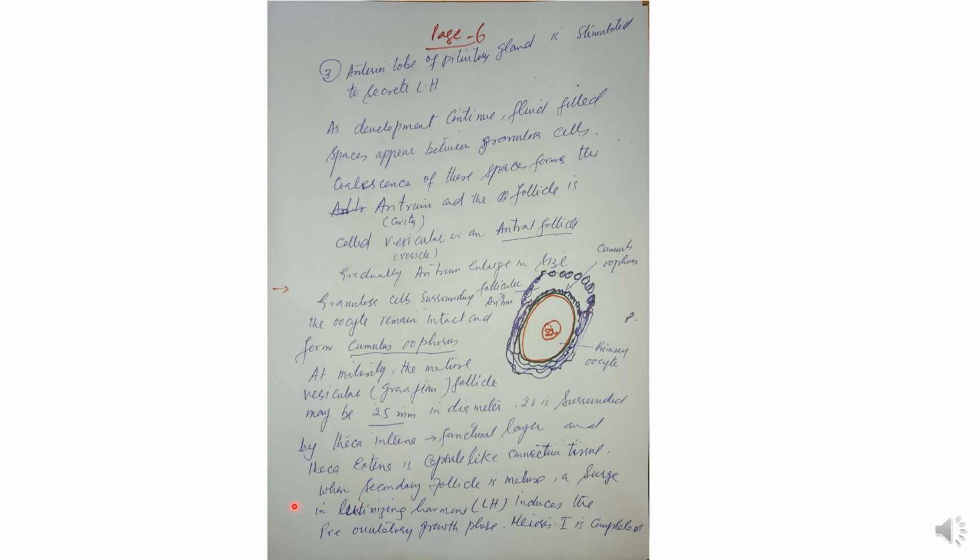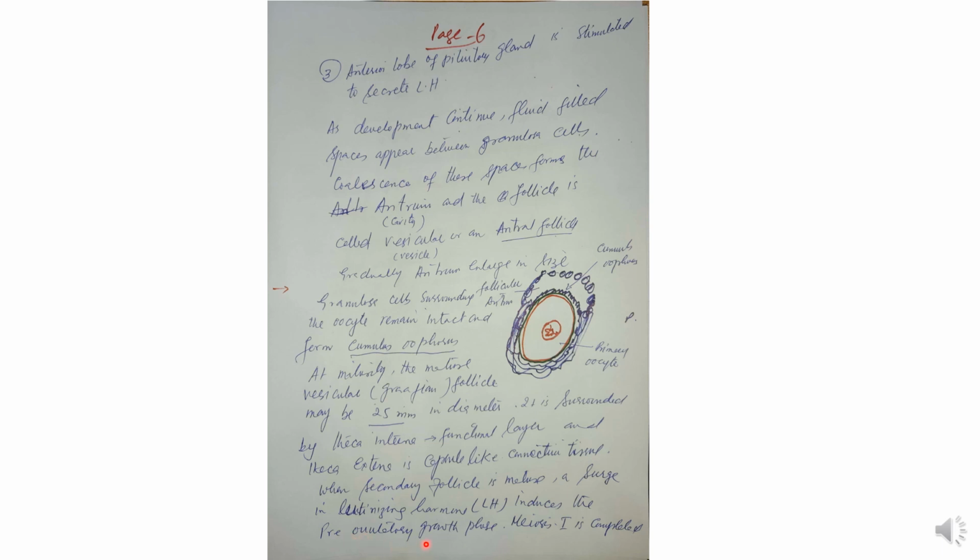When the secondary follicle is mature, a surge is induced, when this stage approaches 13 days, or the end of the proliferative phase. At that time estrogen stimulates the anterior pituitary to produce LH, which induces the pre-ovulatory phase, and ovulation occurs on day 14, when the egg comes out of the ovary.